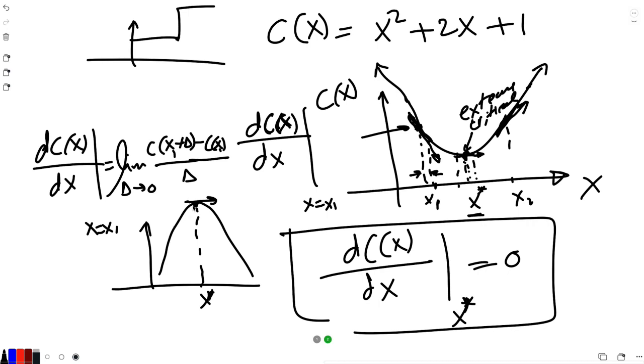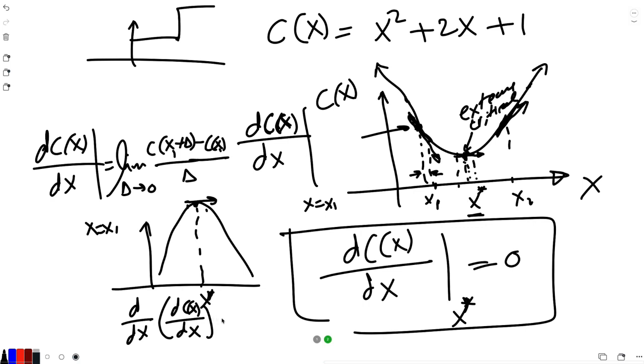If the slope changed from positive to negative, then we were at a maximum point. And this can also be found by taking the rate of change of the rate of change, which means the second differentiation of c(x). If we take d/dx of dc(x)/dx at this point, you can see that we take the differentiation of the differentiation.